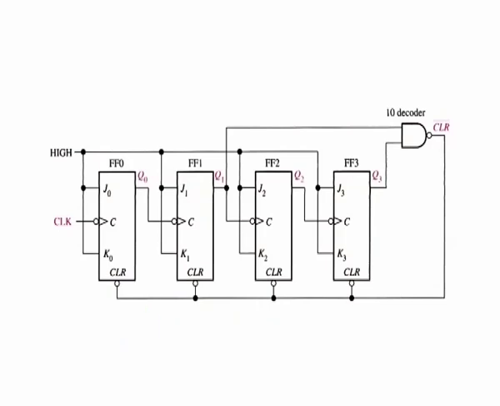Notice in the figure that only Q1 and Q3 are connected to the NAND gate inputs. This arrangement is an example of partial decoding, in which the two unique states Q1 equal to 1 and Q3 equal to 1 are sufficient to decode the count of 10, because none of the other states 0 through 9 have both Q1 and Q3 high at the same time.